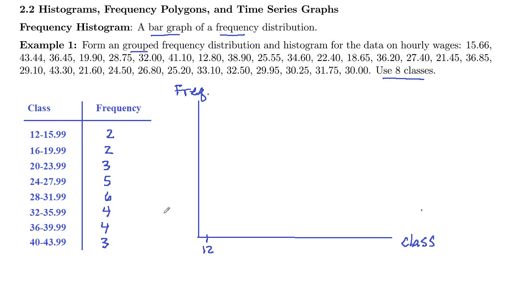The left-hand cutoffs, so the lower limits: 12, 16, 20, 24, 28, 32, 36, and 40, and 44.